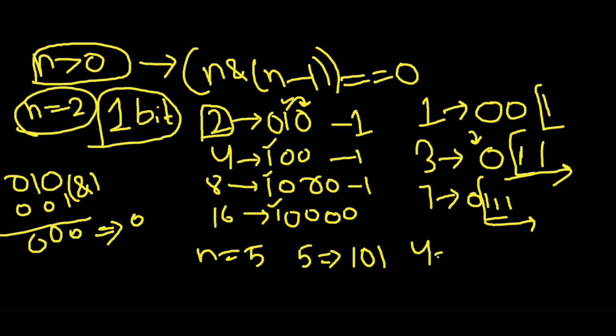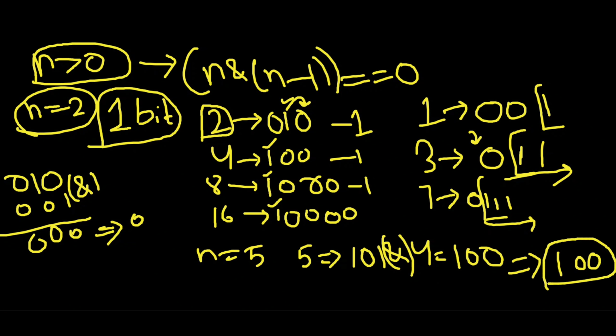So now 4 equals 1, 0, 0. And what if we do an AND operation on these two numbers? We get 0, 0 and 1. So it's not equal to 0. So we return false, as it cannot be expressed in the form of a power of 2.